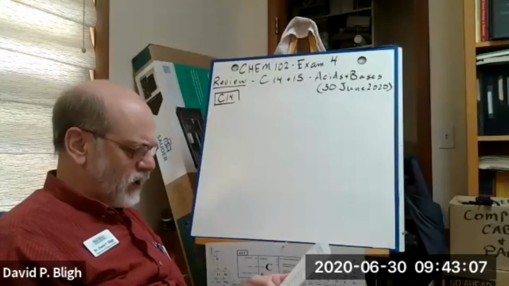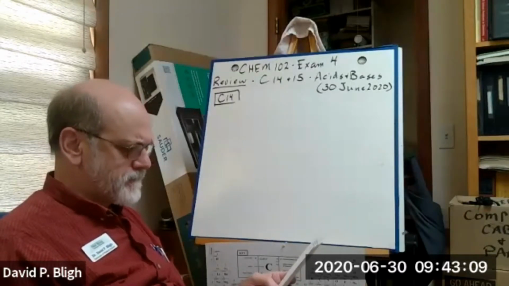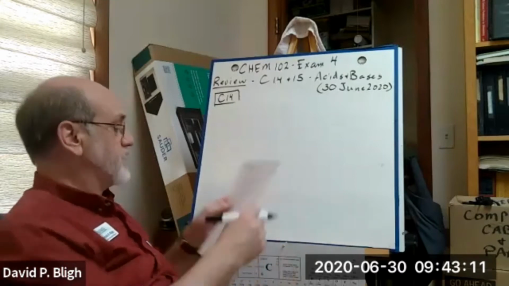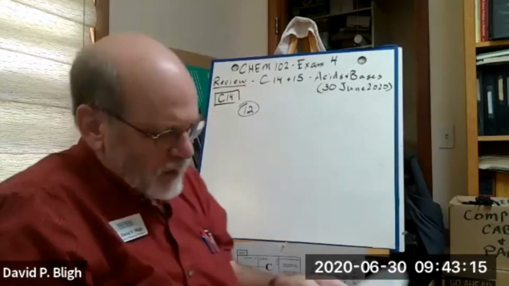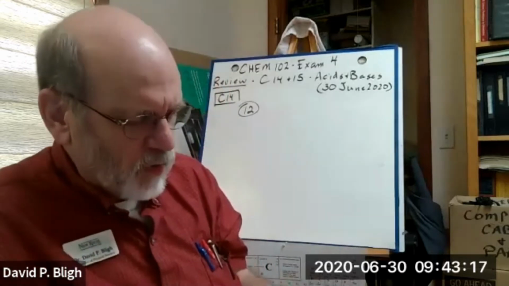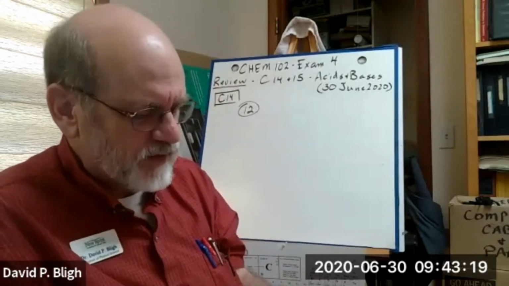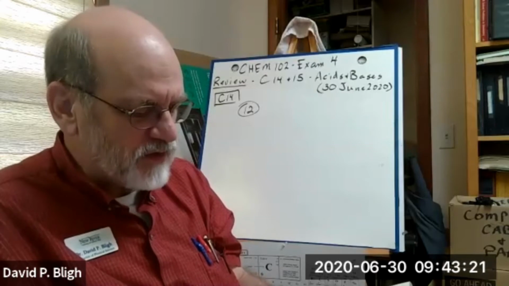We covered 11 already. 12 is a good one. For which of the following 0.1 molar diprotic acids would the second dissociation affect the pH significantly? I mentioned that a little earlier.